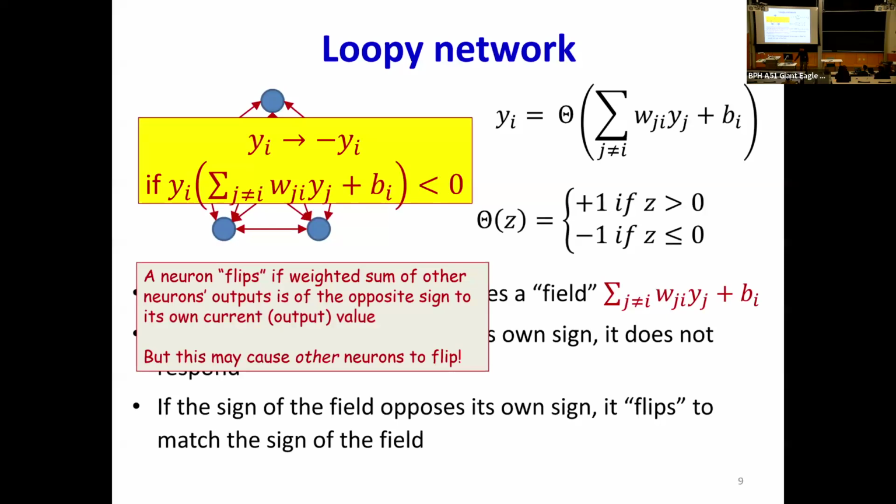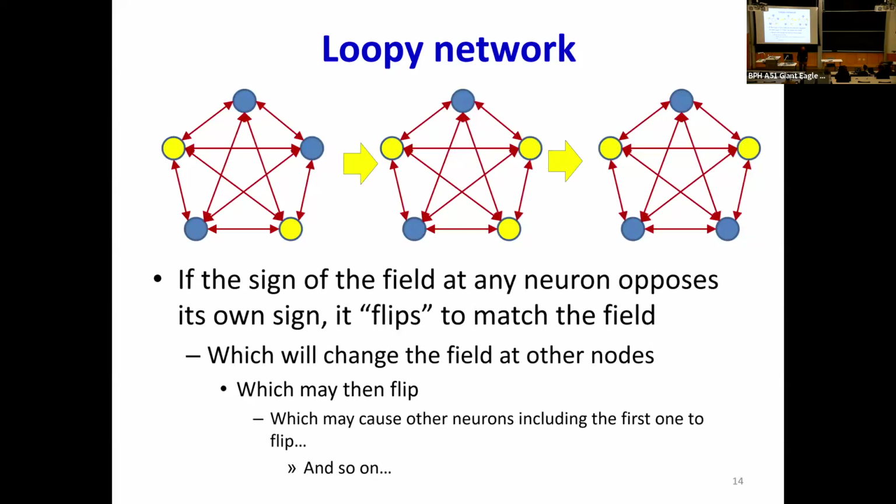So, for example, if I have something of this kind, let's say the whites are +1s and the blues are -1s, and I have a network of this kind where every neuron is connected to every other neuron, then that top left neuron over here may find that the weighted sum, the affine value, which I will call the field of the neuron, has a sign that's different from its current output. So if that happens, then the neuron's going to flip. It's going to change its value.